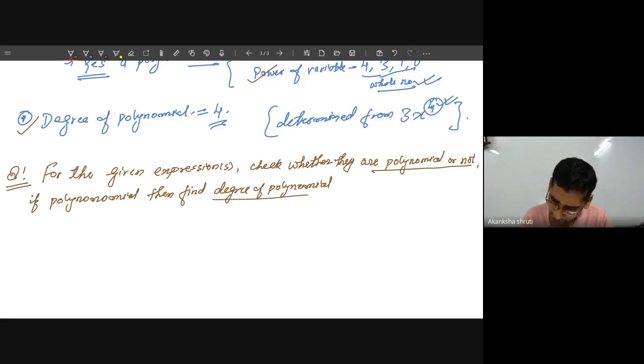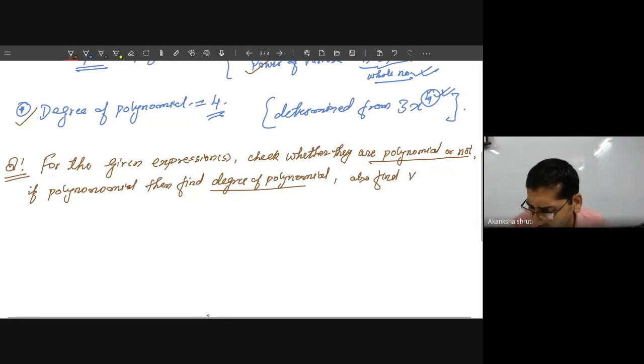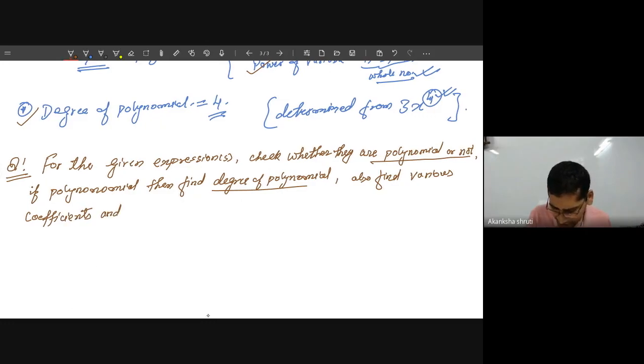So if it is a polynomial, then only we define the degree of that polynomial. Okay. Also, find various coefficients and constant terms.